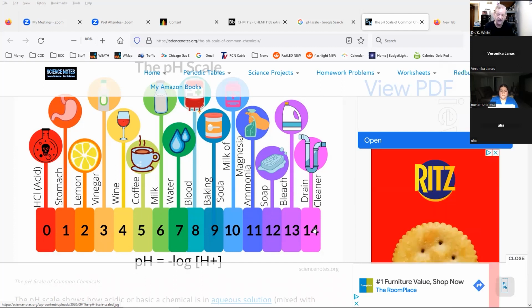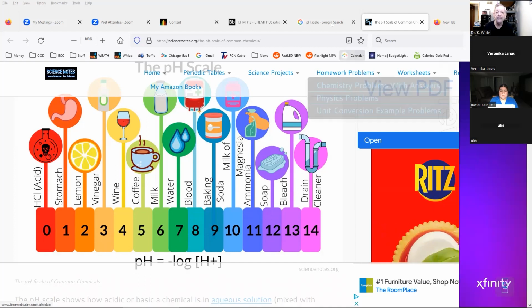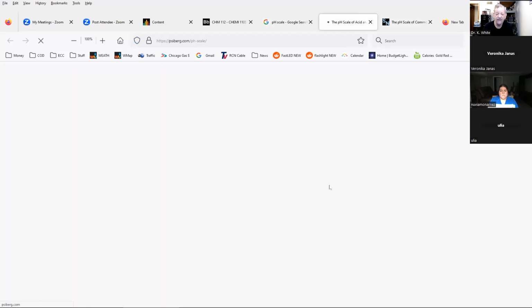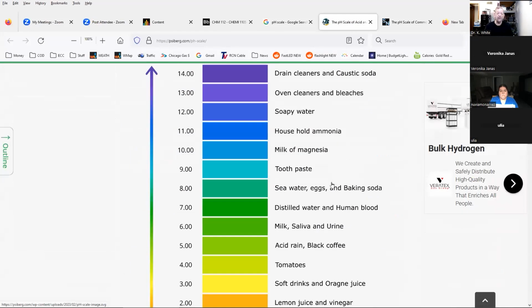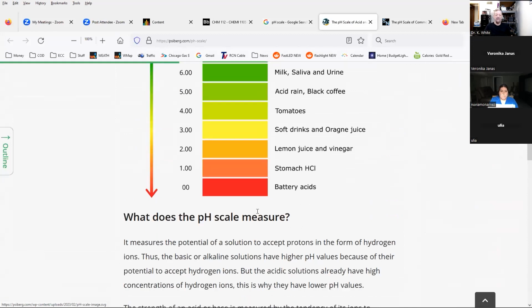There's also acidic drain cleaner, which they don't show on here. And here's another one. And at 7, you're neutral. Below 7, like you see stomach acid, HCl. Tomatoes are acidic because they contain citric acid.